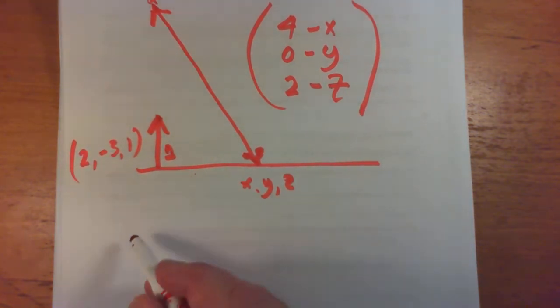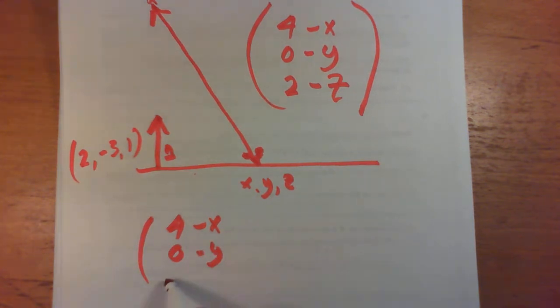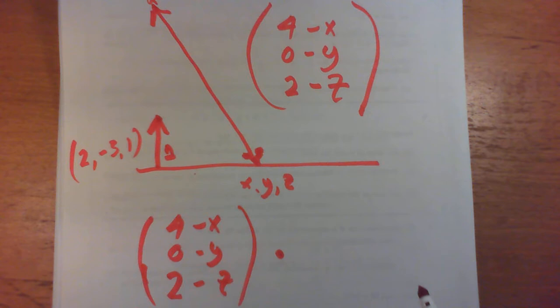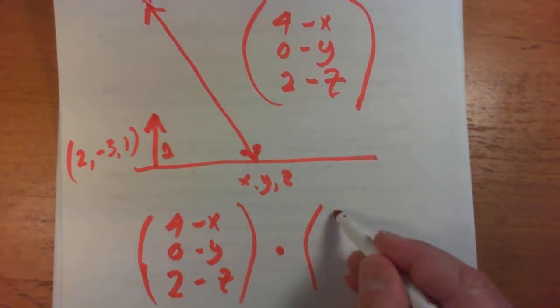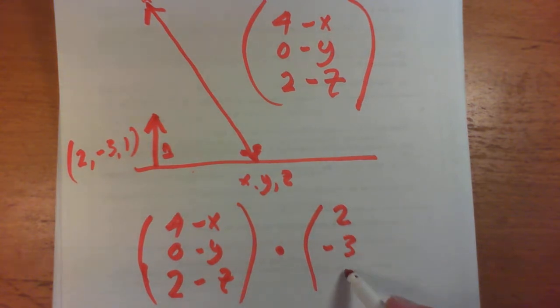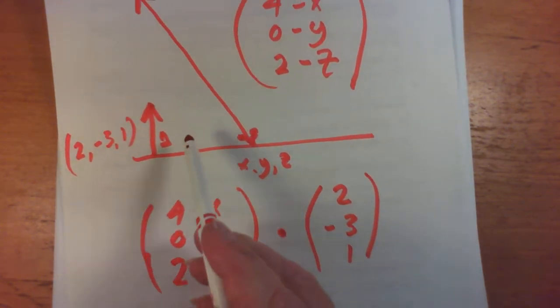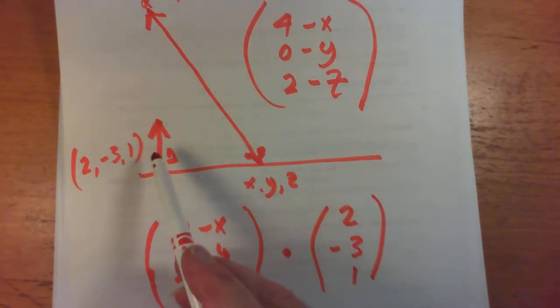I do that by finding the scalar product. So it'll be (4 minus x, 0 minus y, 2 minus z). One thing I should have said is that it'll take the component of that in this direction, but I need the unit vector in this direction.